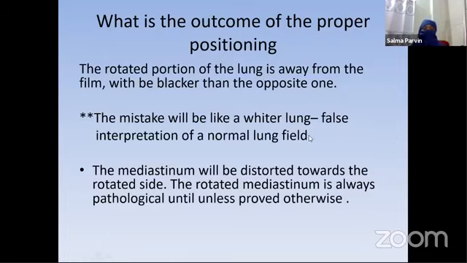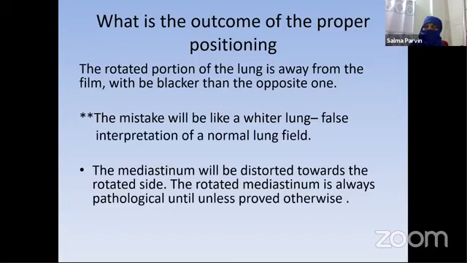Then what would be the other default? You must remember that the patient has got a collapse in the right lung, or lung base, and you have got a technically faulty X-ray rotated to the left.